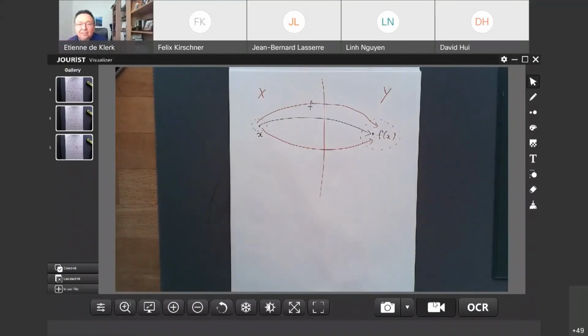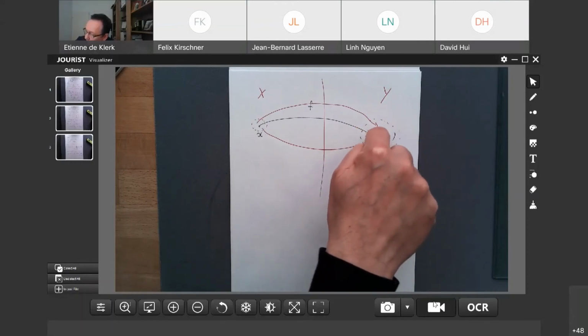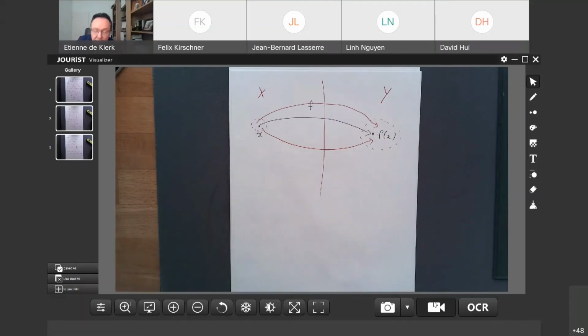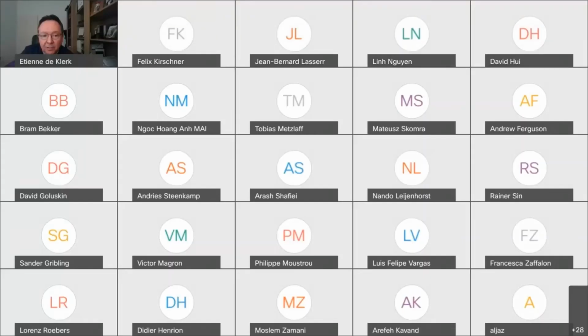If that is the case, then F is continuous at the point X, and it is of course continuous on the whole space if it's continuous at every point X. Another way to say it is that if the pre-images of open sets in Y are always open sets in X, then the function is continuous. Okay, so that's the important thing.